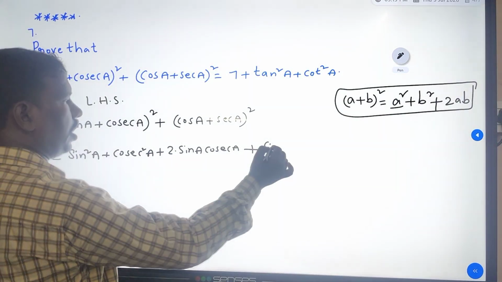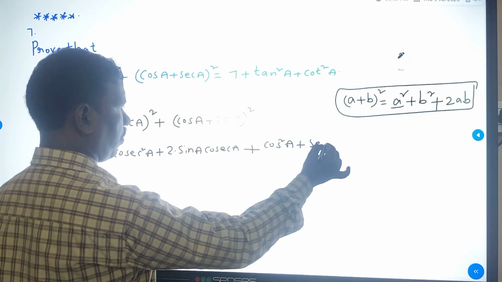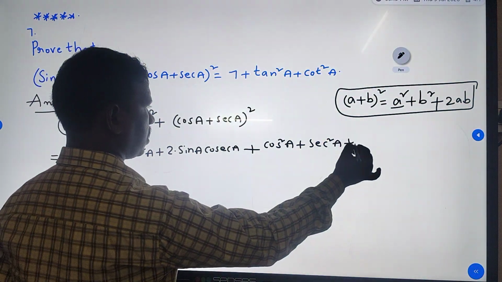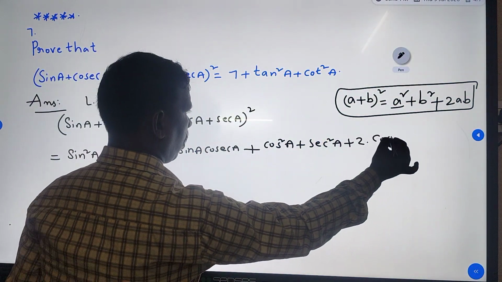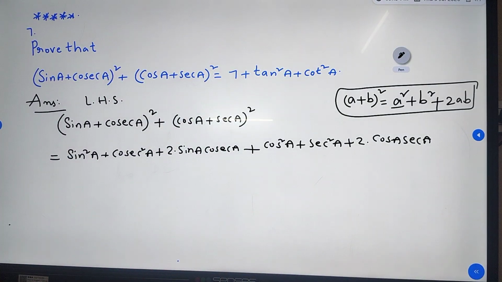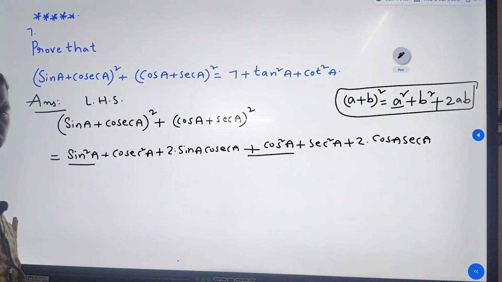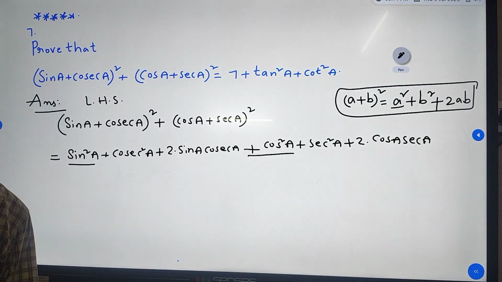Cos square A plus sec square A plus 2 into cos A into sec A. Yes, observe that sin square A plus cos square A. What is the answer? It is the first identity.